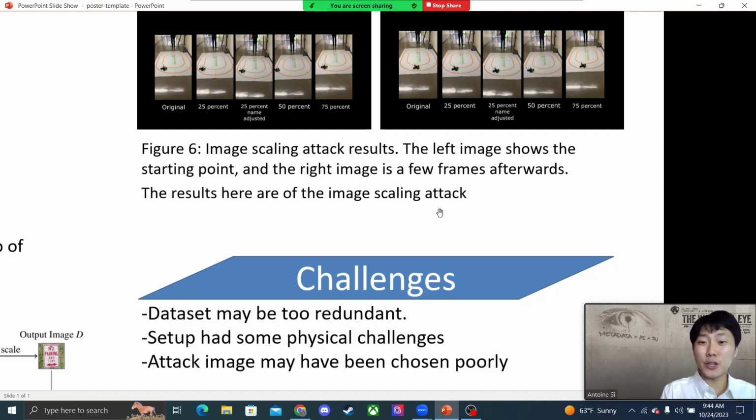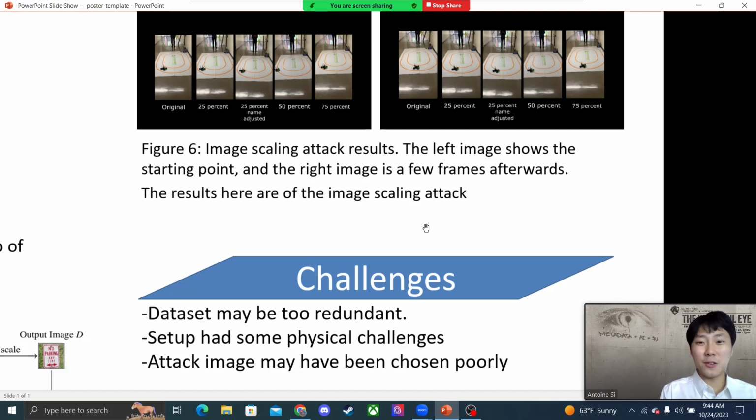For a straightaway, I would click straight ahead. When I would want to make a left turn, I would click to the left. But I may have taken too many images, so that the redundancy of the data set essentially killed off what I was trying to do with my image scaling attack.